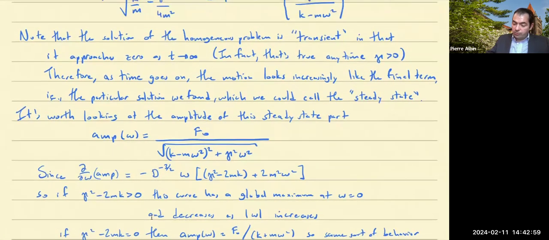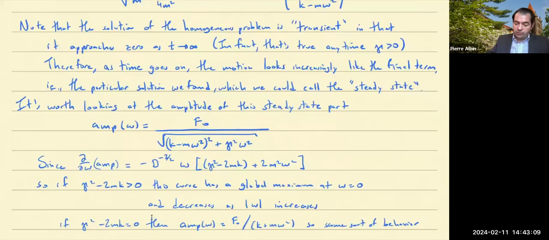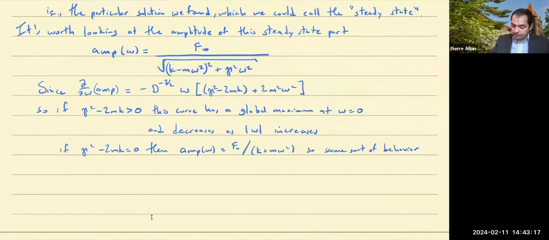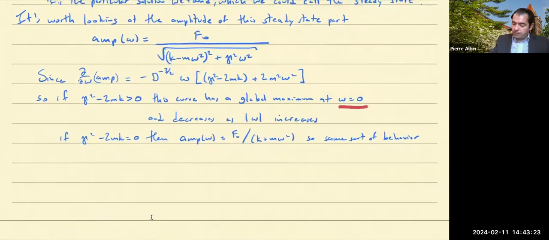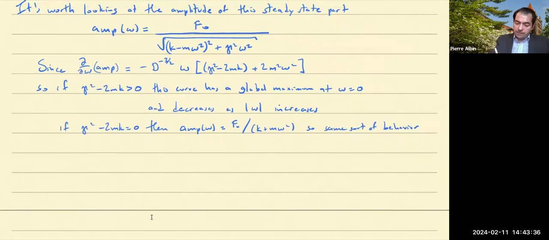Notice that, of course, this amplitude we said was the steady state. So we're seeing how large are the oscillations that you're getting in the long term. And so, a global maximum when omega is equal to 0, which is when you have a very simple periodic function because the angle would always be 0. And it decreases as the modulus of the angle increases.